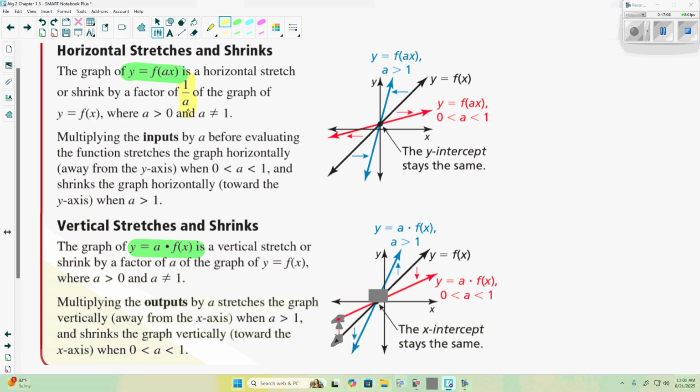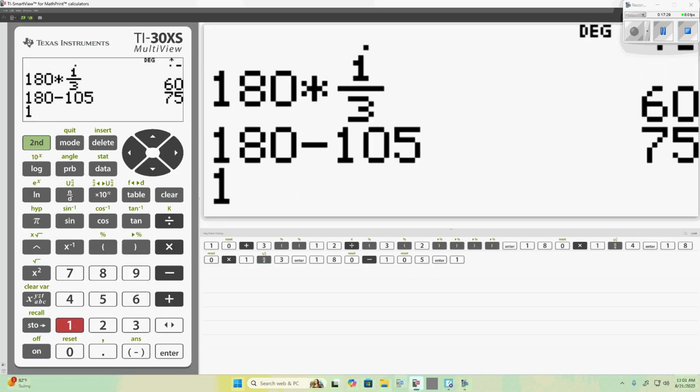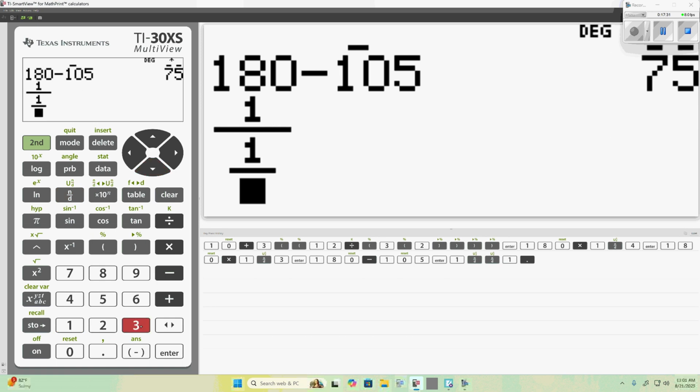So if it says that the amount we're stretching it horizontally or shrinking it horizontally gives us 1/3, a is 1 over that amount. 1 over 1/3 is 3.